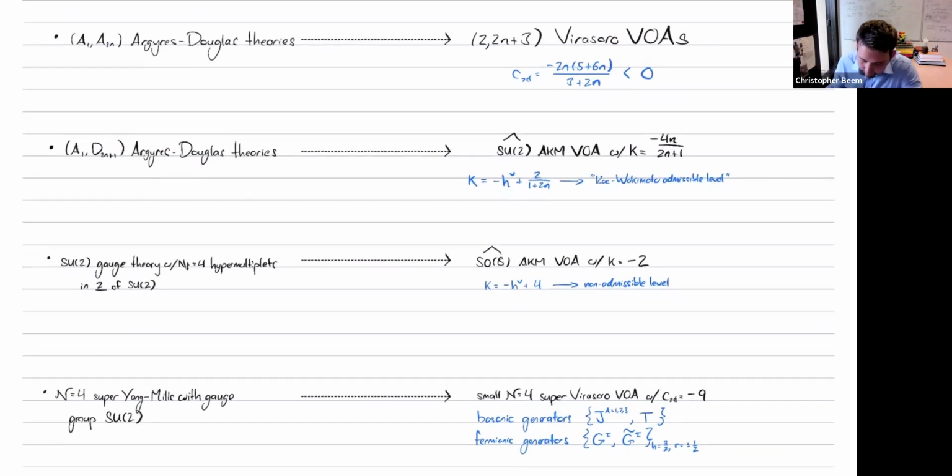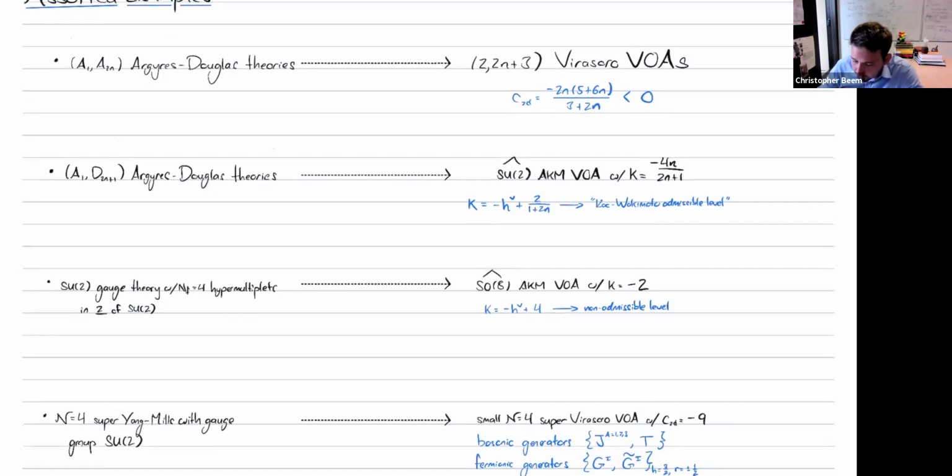So there's a class of Argyres-Douglas SCFTs that are sometimes given this double Lie algebra labeling. And in that case, it's the A1, A even theories, which are probably the ones with the simplest associated vertex operator algebras. They're just Virasoro minimal model vertex operator algebras.